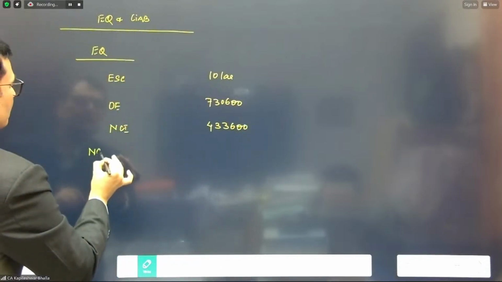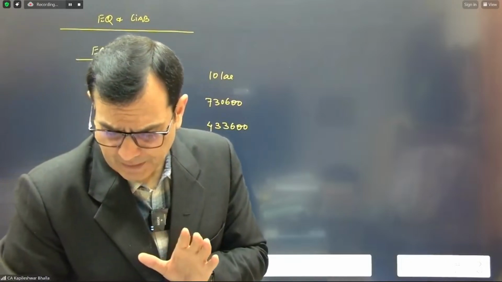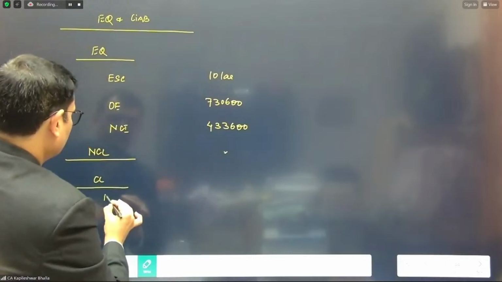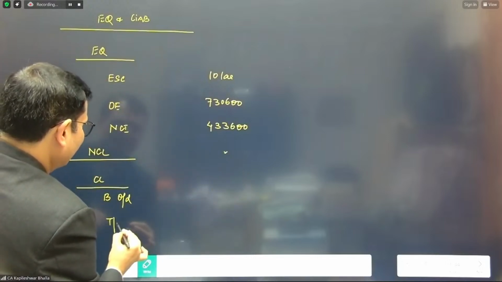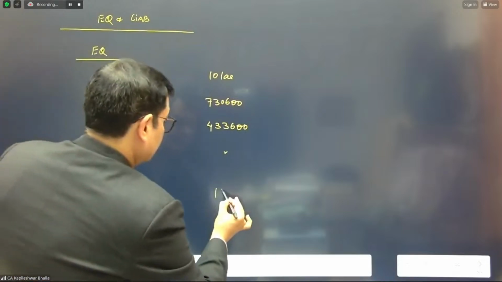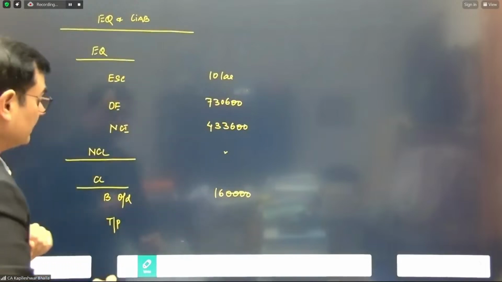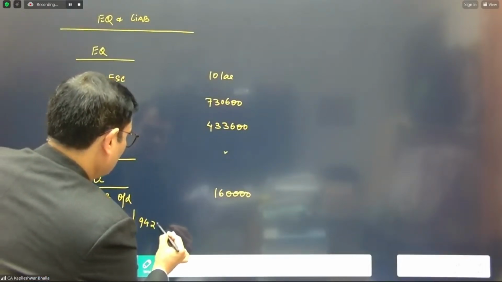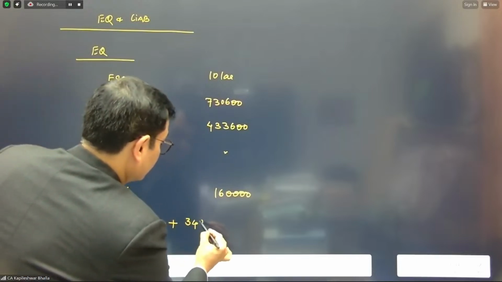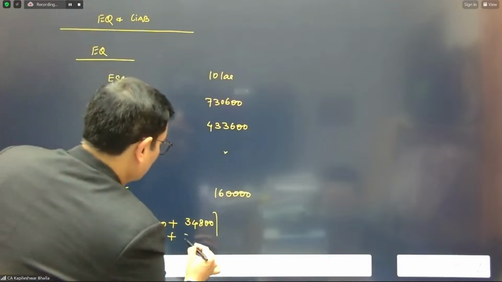Then we go on to the liabilities, non-current liability. I guess we're not given any non-current liabilities and just the current liabilities are given. So we are given the bank OD as well as the trade payables. The bank OD is appearing at 1,60,000, and as far as the trade payables is concerned, parent company is 94,200, subsidiary is 34,800, and there is a fair value adjustment as well. Trade payables increased by 20,000.